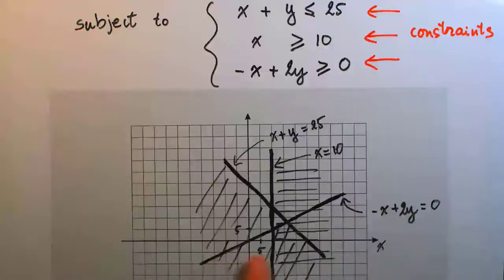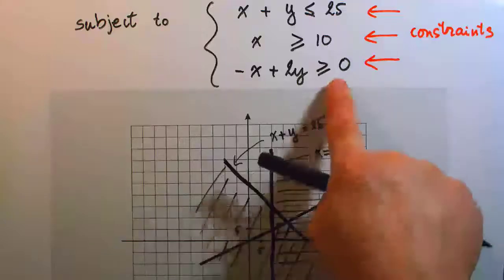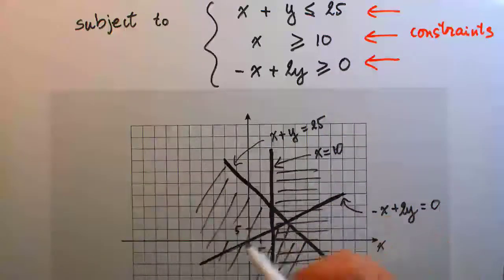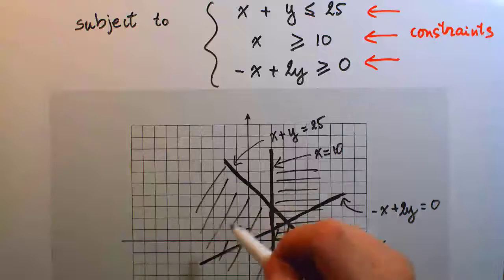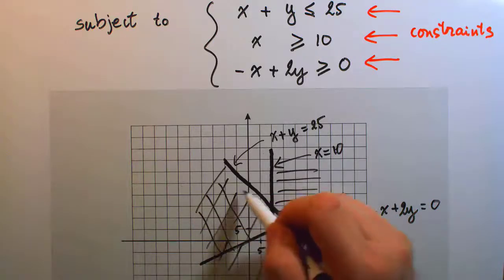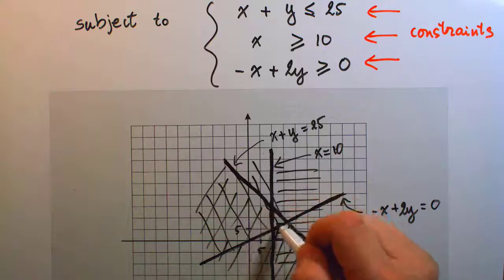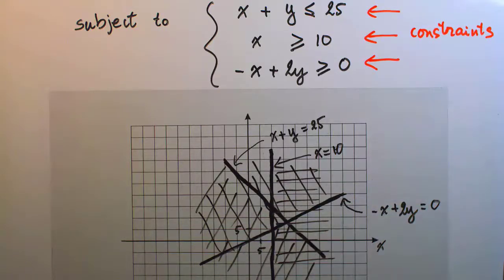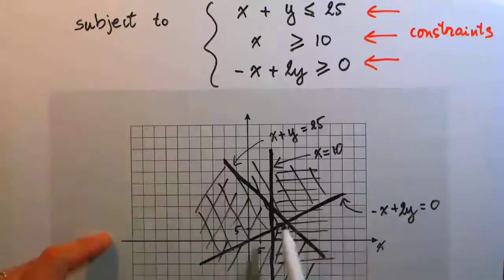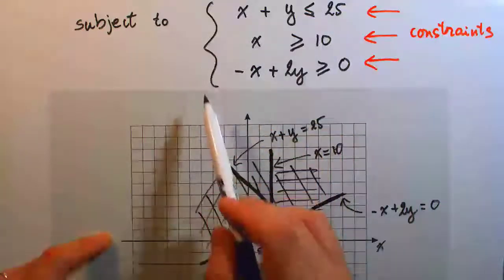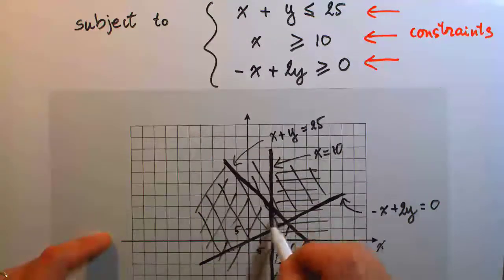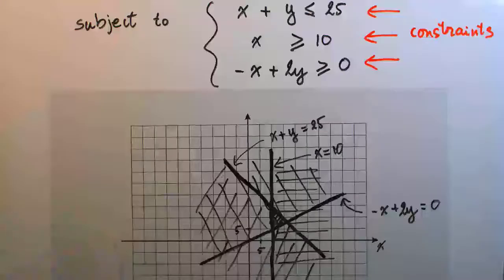And of course, the region that satisfies this inequality is shaded above that line. So the picture becomes a little busy, but the region that satisfies all of these three inequalities together is now inside that little triangle.